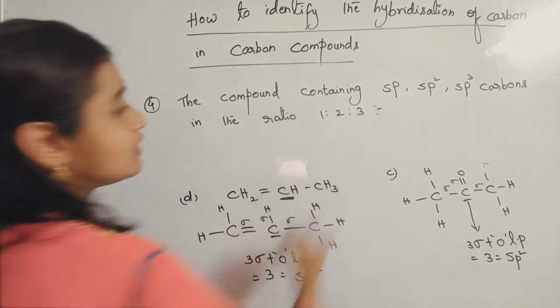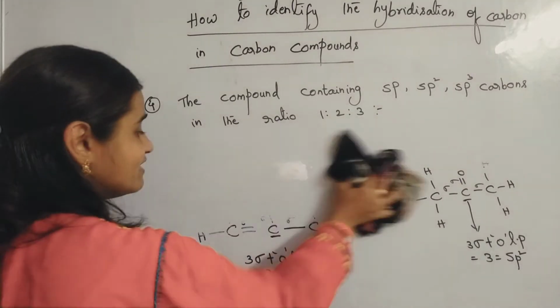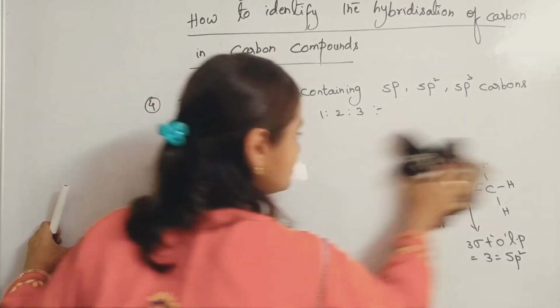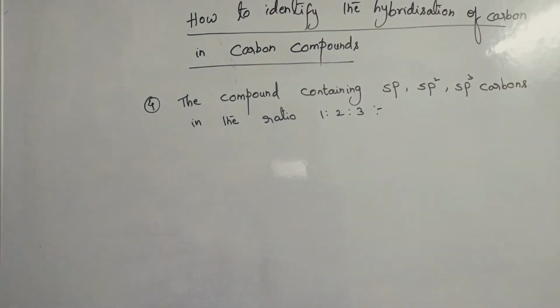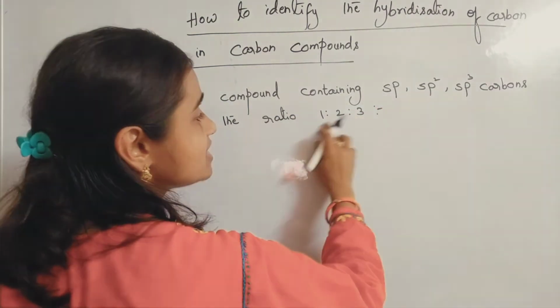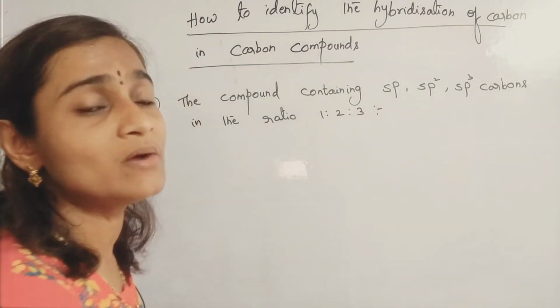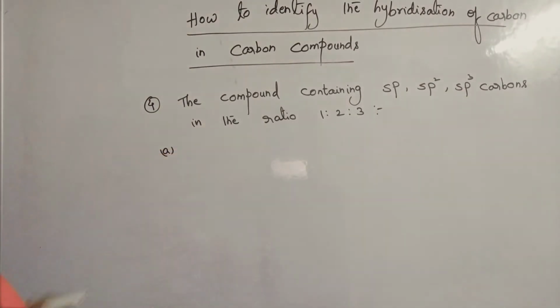So you have to check with all the 4 options which are being given. He is asking for the carbon atoms in the ratio 1:2:3, in which compound is it present. I think you understood the question. What are the 4 options which are given?